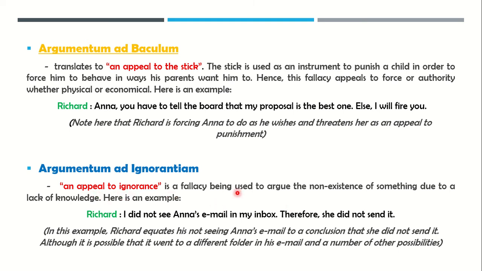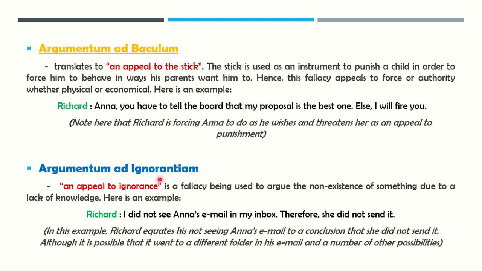You're trying to jump to a conclusion without considering the factual knowledge, or without basing your conclusion on the logical one. So we argue something due to a lack of knowledge, kay wala man tay knowledge sa ana nga butang.